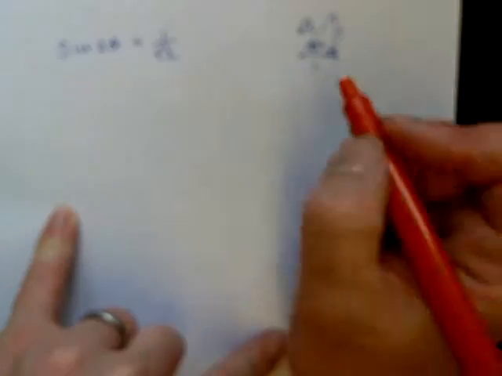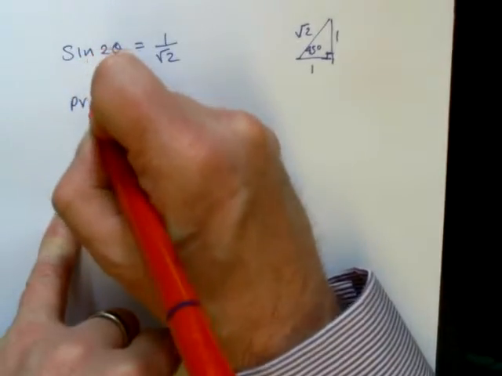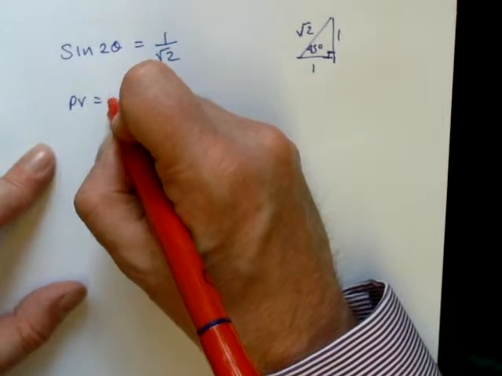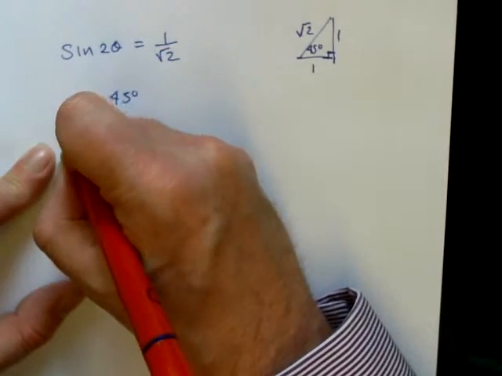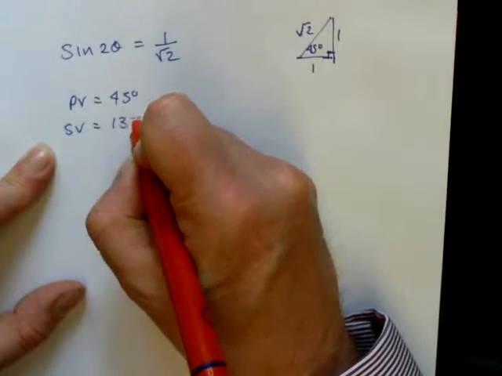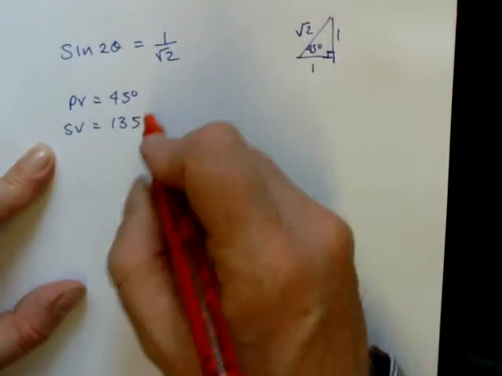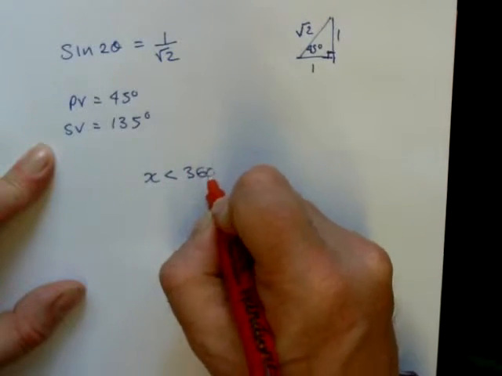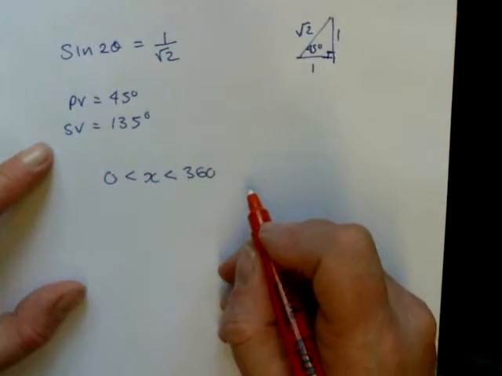So that gives me the principal values. The principal value, therefore, is going to equal 45 degrees. The secondary value is going to equal 135 degrees. I haven't specified the range, so let's just say I want the answers between 0 and 360. That's very commonly asked for.